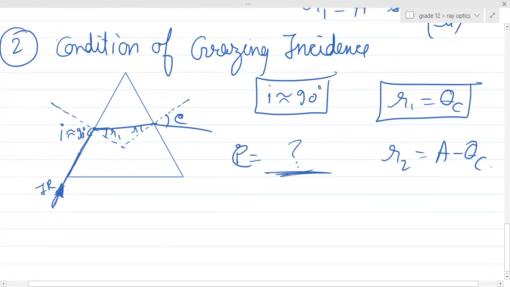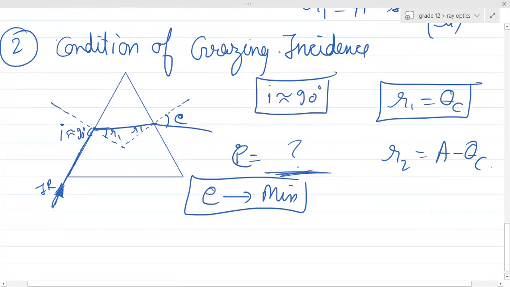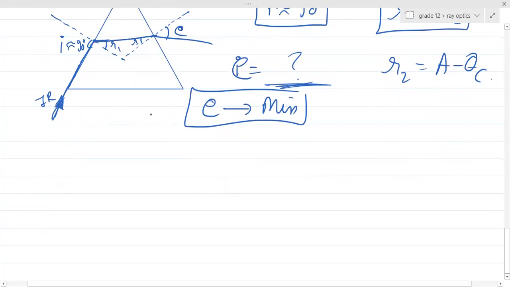Whatever comes, always remember, here this E will become minimum. So when grazing incidence occurs, the angle of emergence will become minimum. And if the angle of emergence is 90 degrees, then angle of incidence will be minimum. Is this clear? So these two conditions are pretty much clear.